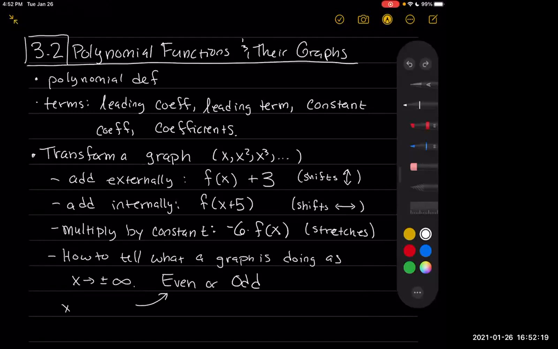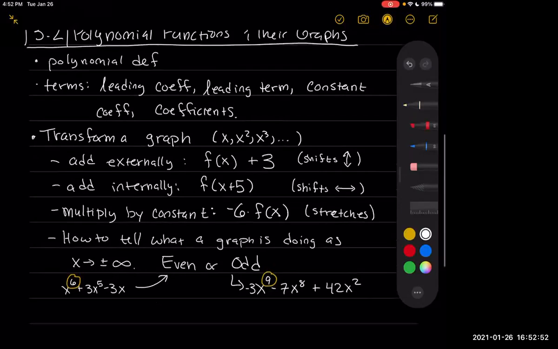So something like 2x to the 6th plus 3x to the 5th minus 3x. That's even because there's an even number up here. Similarly, for odd, that's something like, I don't know, negative 3x to the 9th minus 7x to the 8th plus 42x squared. This is odd because this 9 here is odd.